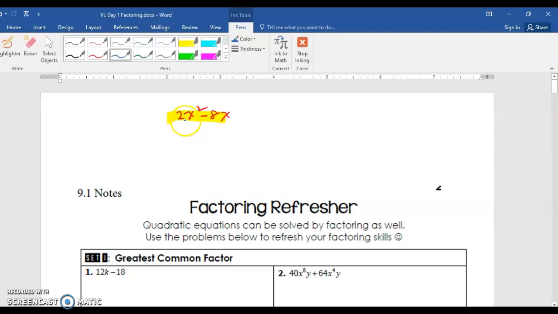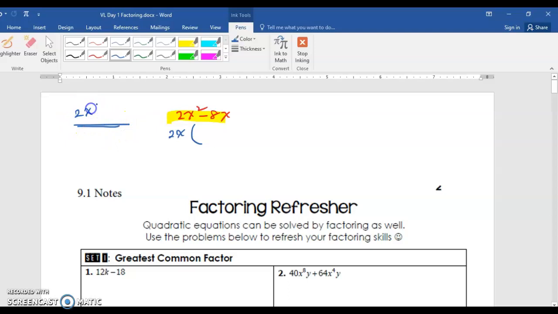So here we have 2 everywhere because 2 goes in 8, and there is x here and here, so you can remove 2x from each term. When I say remove, we are doing the opposite of what we just did before.